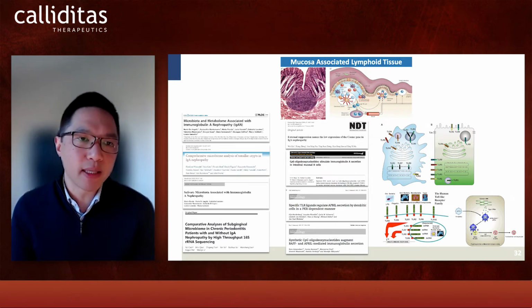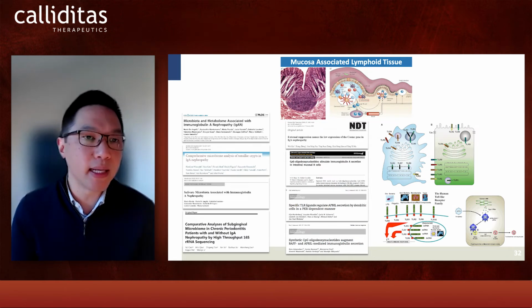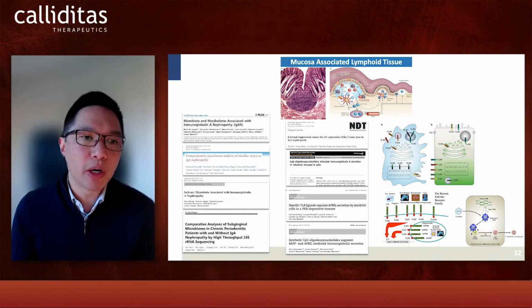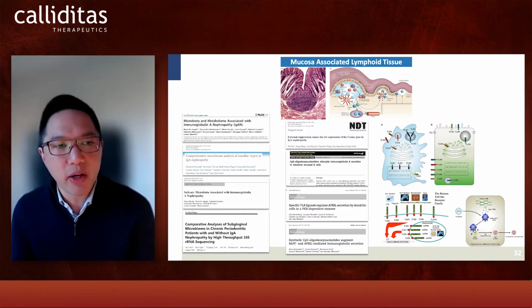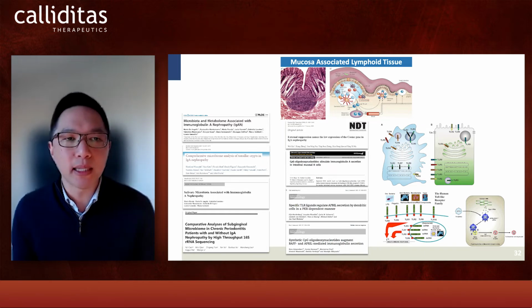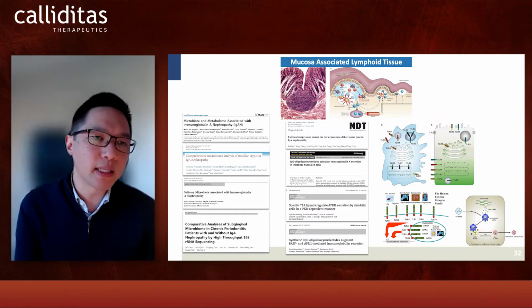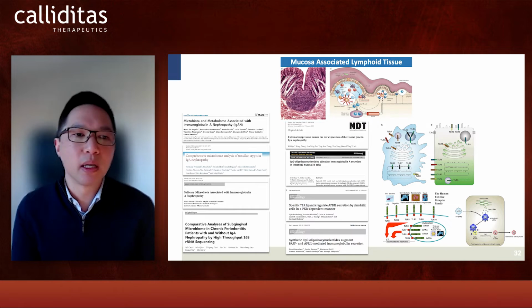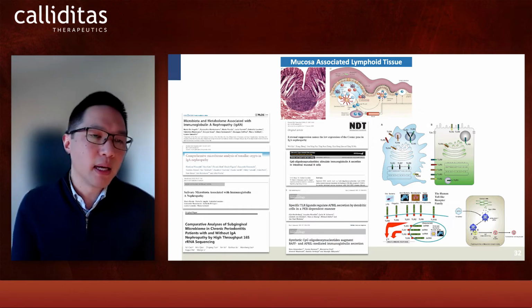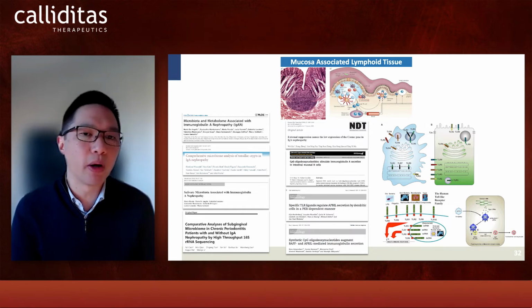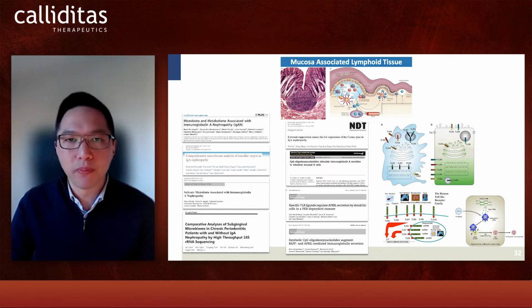So there's a lot of interest in the host microbiome, and in IgA nephropathy, there is early evidence to show that the host microbiome in patients with progressive IgA nephropathy, compared to non-progressive and healthy subjects, may be subtly different. Now, these are early studies, cross-sectional in nature with relatively small sample sizes. But again, this is a fascinating insight into how these subtle changes in the gut microbiome may play a role.